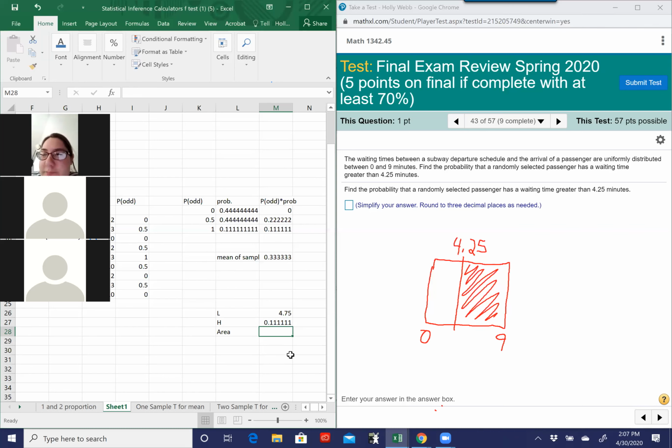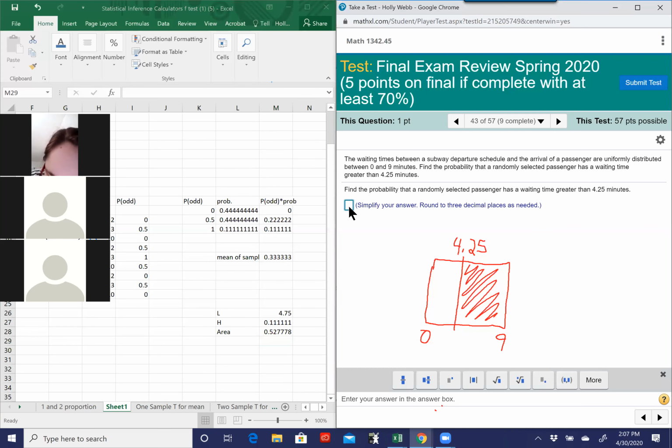So then to find the area of the rectangle, we'll just multiply these. And there we have more than half, just like Michaela drew, 0.528. Questions?